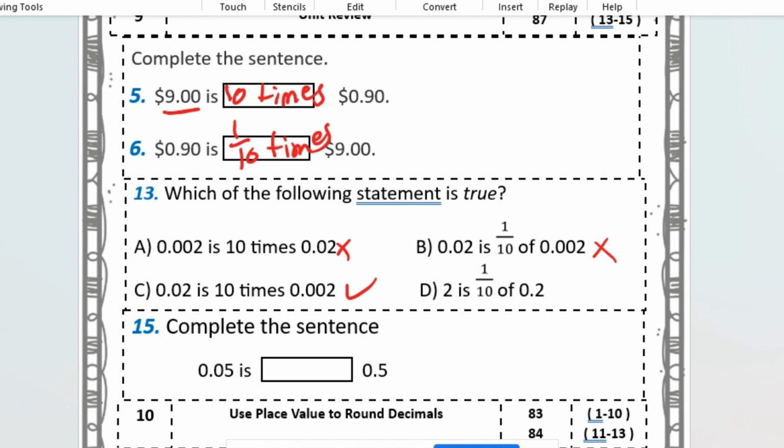This is correct because this is 2 hundredths and this is 2 thousandths. So 2 hundredths is 10 times as much as 2 thousandths. The statement is correct. 2 is 1 out of 10 of 2 tenths. This is incorrect.